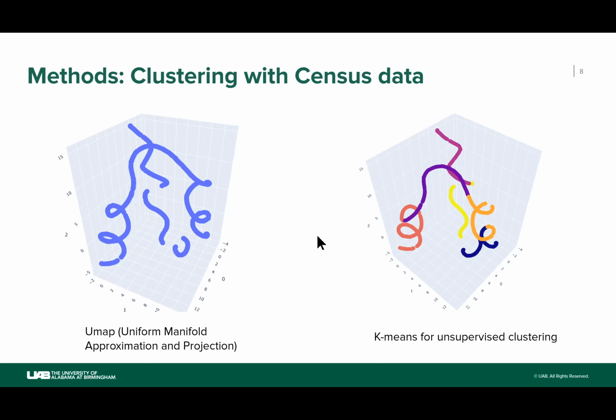So we have given the census data to UMAP, that is on the left side. Then we looked at the clusters, but we didn't know what to name them. So later we have given the reduced data to k-means unsupervised clustering, and we looked at how many clusters it can form, and it did come up with something like 6 different clusters, and we have color coded them so that we can understand them in a better way.